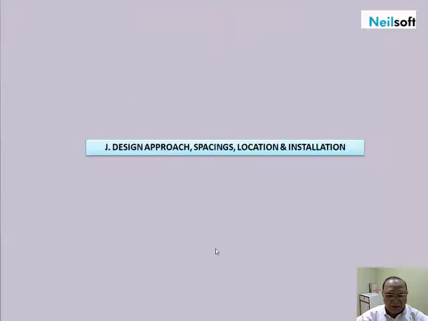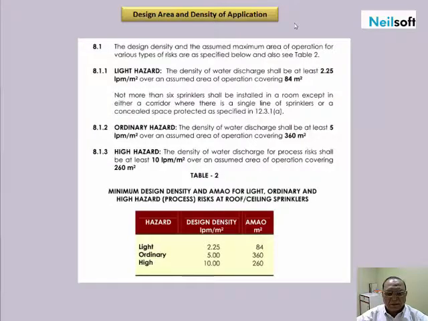Here we are going to discuss further the design approach, spacing, location and the installation of sprinklers. Design area and density of applications.